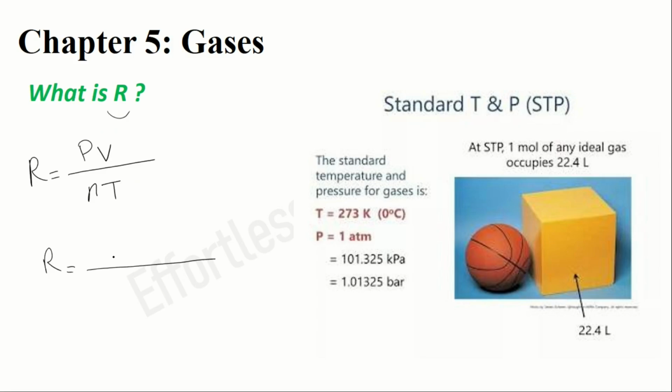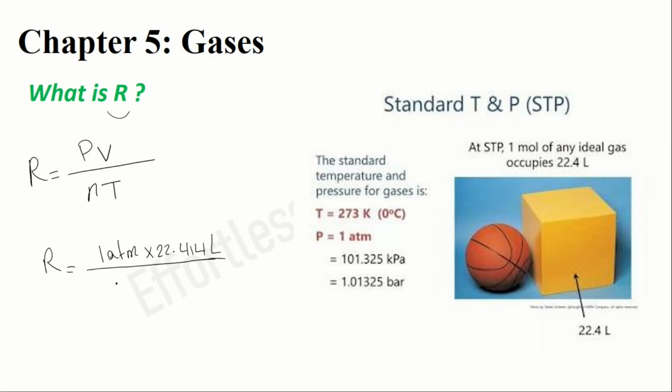it means that at 1 atmosphere an ideal gas occupies 22.414 liters.